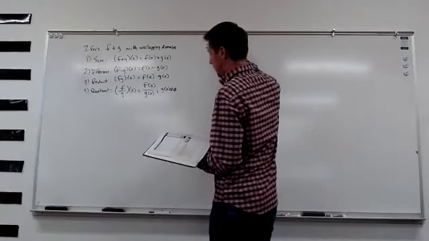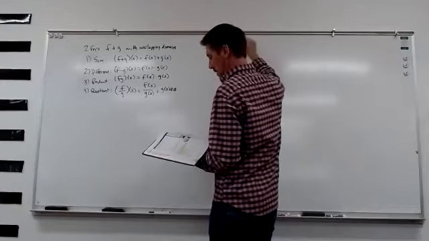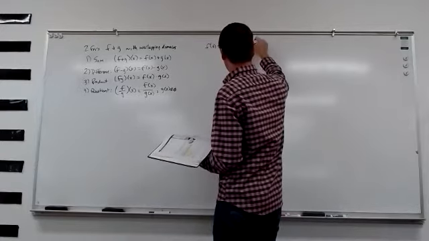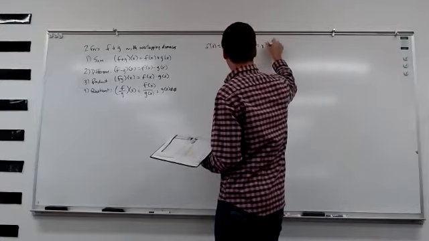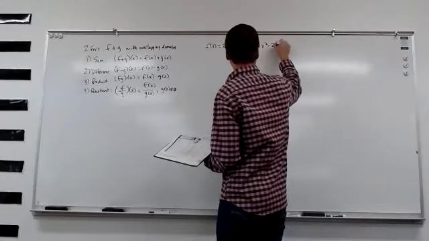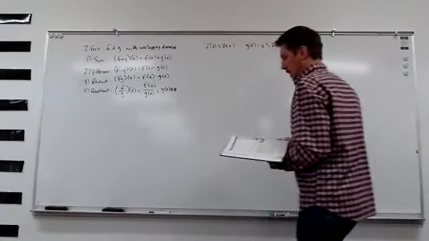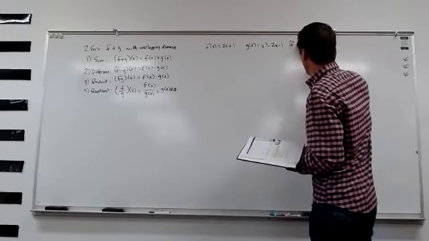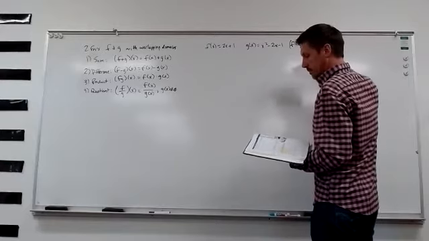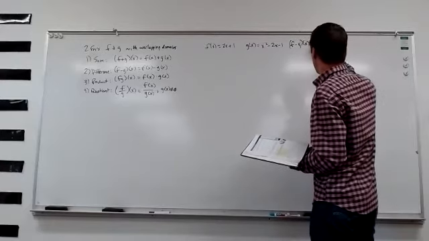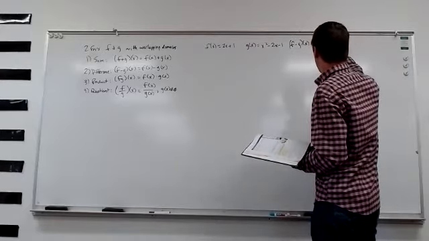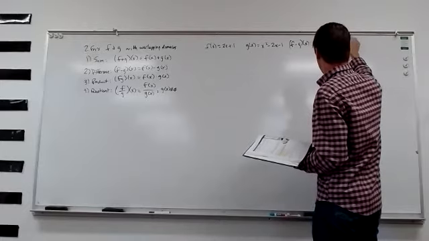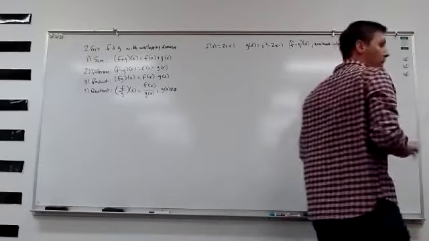But let's say we've got f of x equals 2x plus 1, and g of x equals x squared minus 2x minus 1. And they want us to find f minus g of x, and then evaluate when x equals 2.